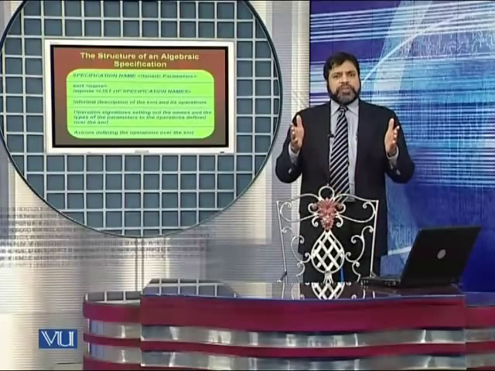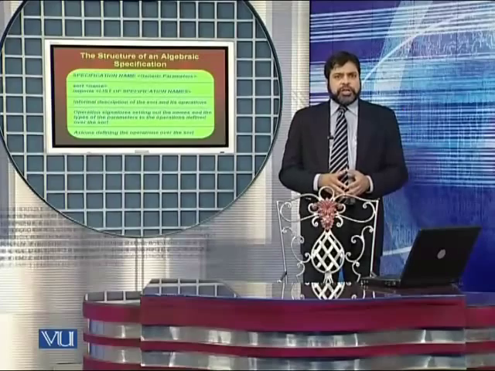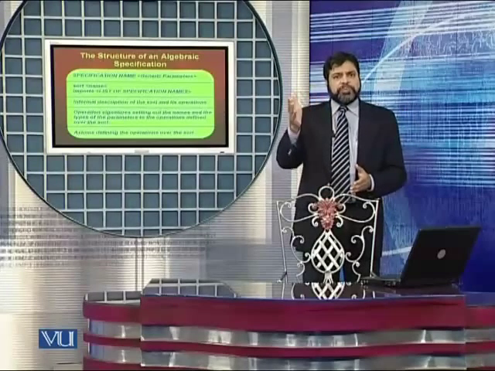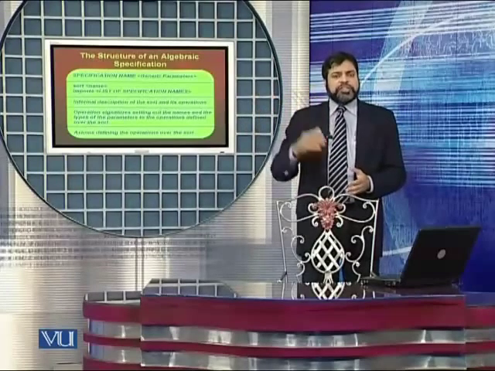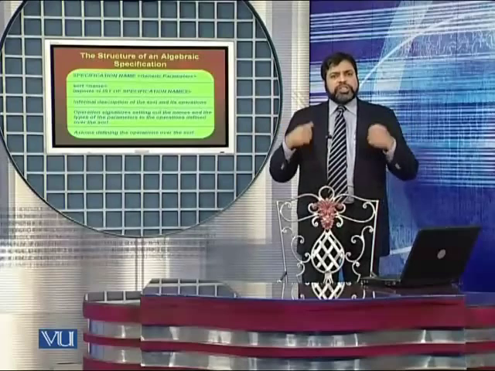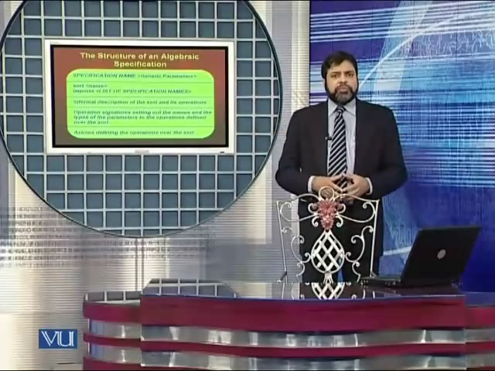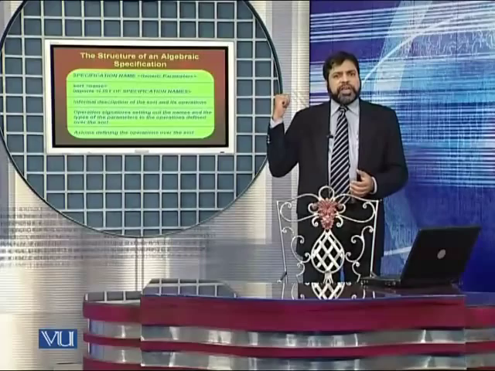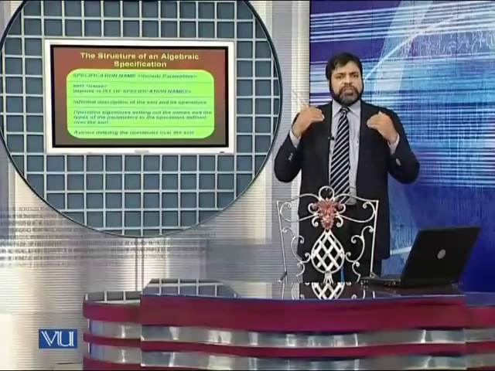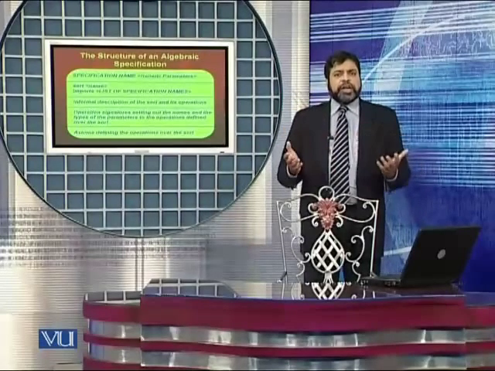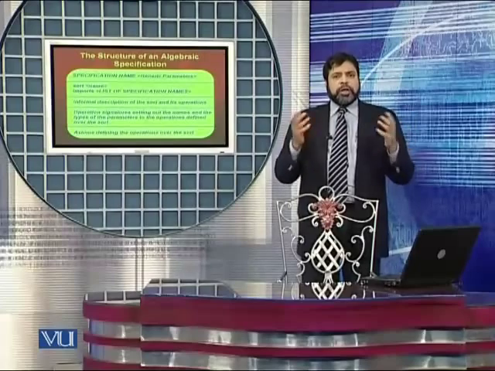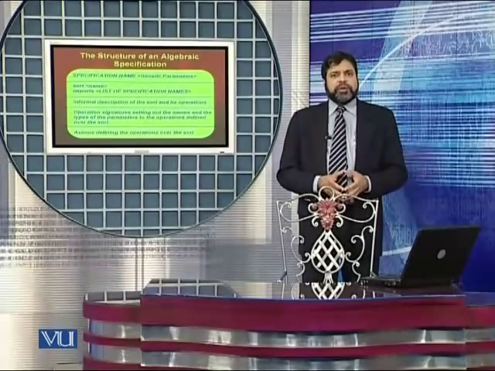In the class specification, we have the signature. We say this function takes these many parameters of this type, and this is the type of the return value. In this particular case, the signature is very similar to that, and it is equivalent to the header component of our class. The fifth part is where the semantics of these operations are given.